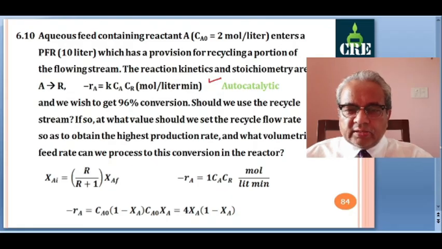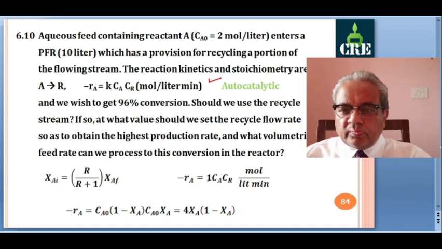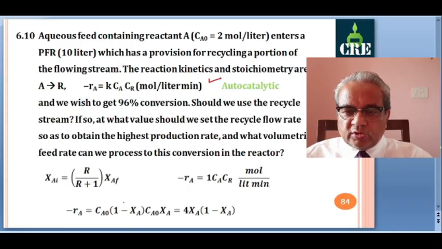So we know XAI is equal to R by R plus 1 into XAF, and minus rA is k CA CR, that is given. So minus rA, in this case, is CA0 into 1 minus XA multiplied by CA0 XA.